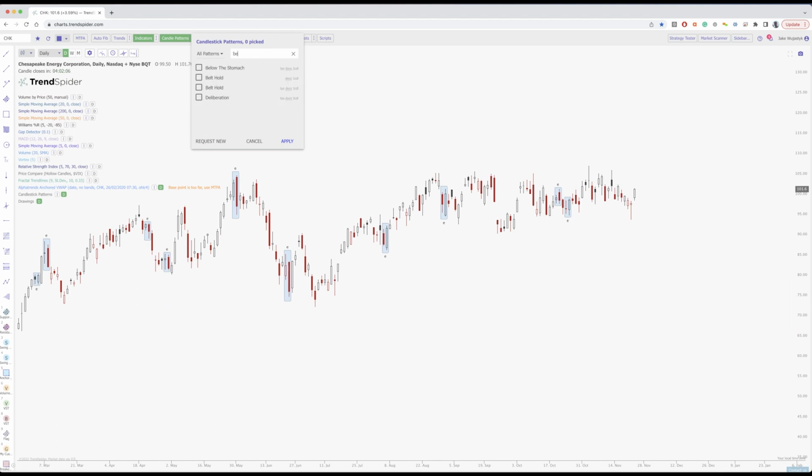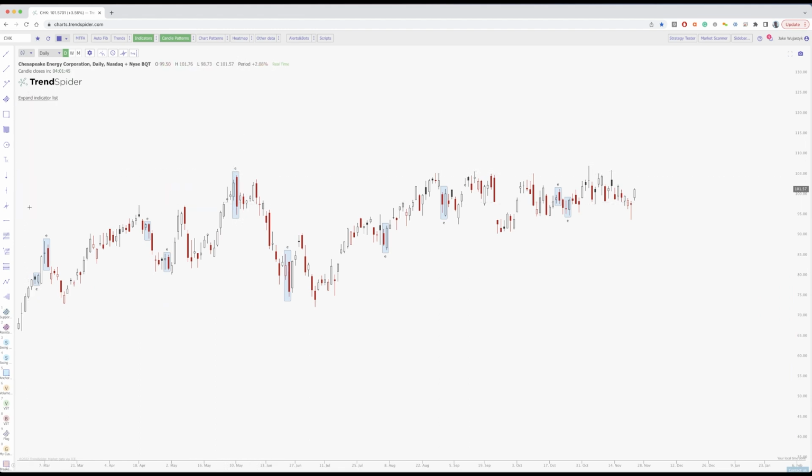You can choose a bullish belt hold. You can choose anything that you can really think of. We have over 100 different candlestick patterns that you can choose from, and it can really be an educational tool, but it can also be used in the back tester, in the scanner, and as I mentioned, just visually in case you are trying to train your eye on what different candlestick patterns look like.